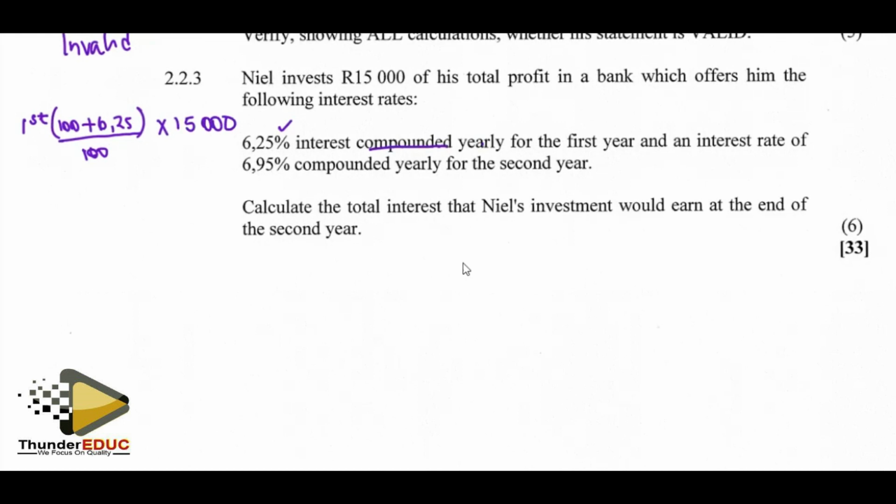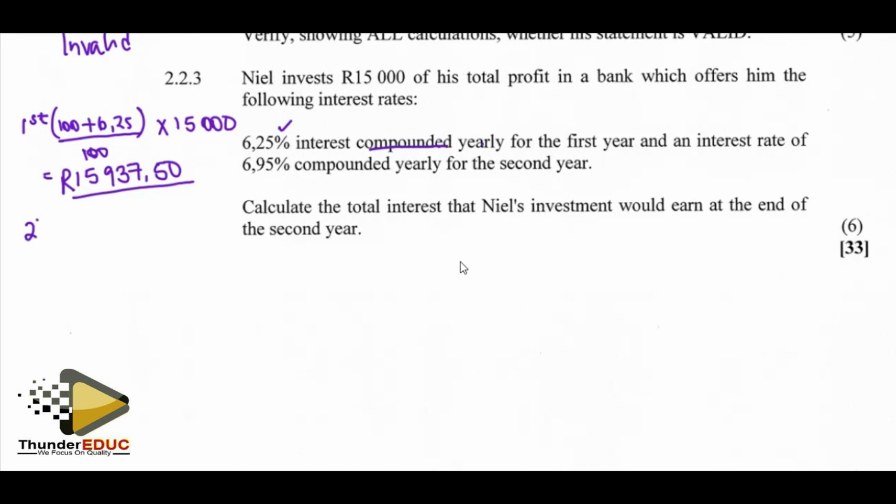The moment I use this, this is the answer I get. This will be the money the person will have at the end of the first year. It's 15,937 rands 50 cents.